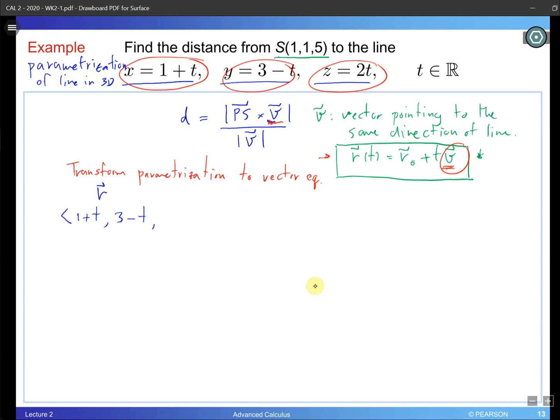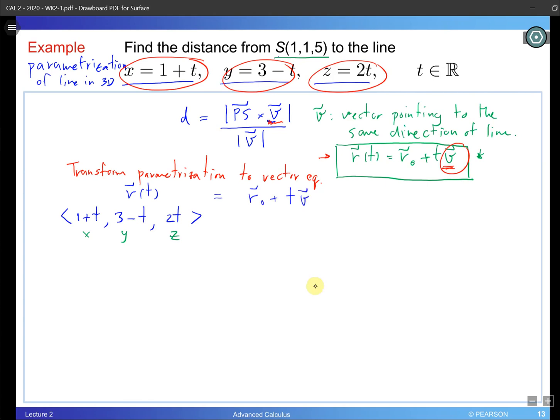And the last component would be 2t, that's for z. You can make a note right here: this is x, this is y, and this is z. When you combine them, this becomes the vector r(t). And now we want to make this vector equal to r0 plus tv.